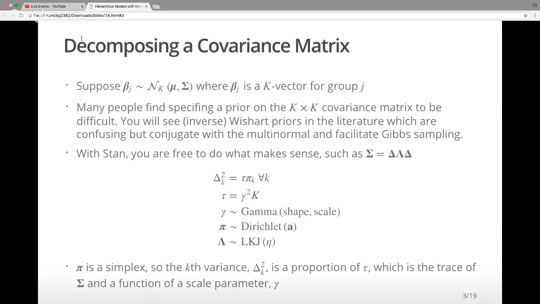And so when you break things down into parts, try to do so in a way where your belief about one part is not that influenced by your beliefs about the other parts, and then you can just multiply everything together, and you get reasonable prior beliefs about, in this case, the variance covariance matrix sigma.